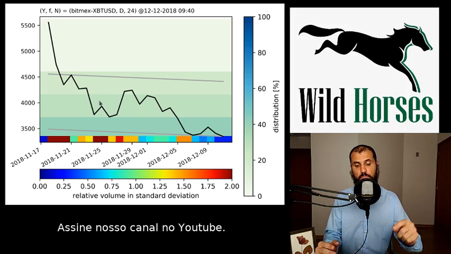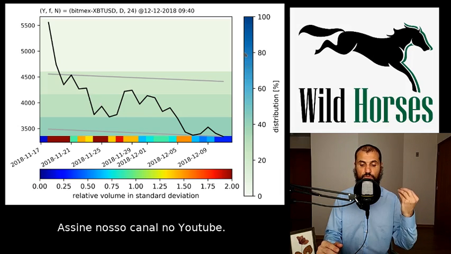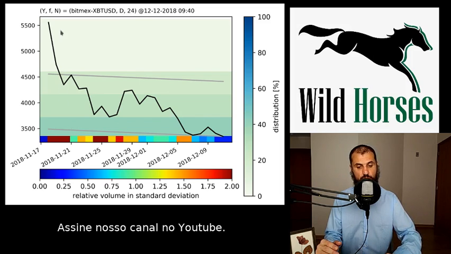And the more populated a category is, the darker the blue tone that is assigned to it according to this scale. So we can visually understand what's the percentage of the last 24 days of negotiation and how these closing days were distributed in the price range.